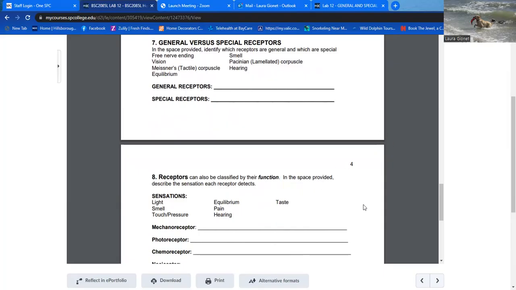Receptors can be classified by not only the type of stimulus they respond to, but also where they're located. You can bulk them into exteroreceptors, interoreceptors, or proprioceptors, because those are the basic categories. Are they on the surface of the body to detect changes outside of the body?